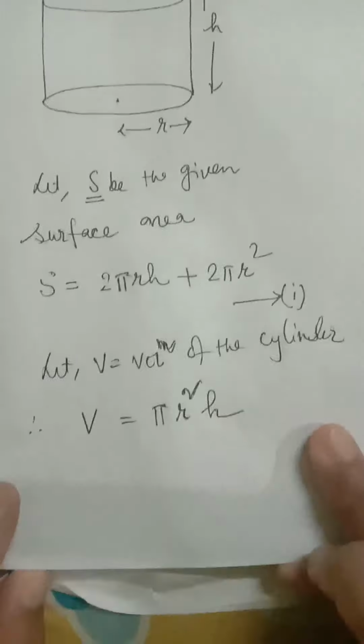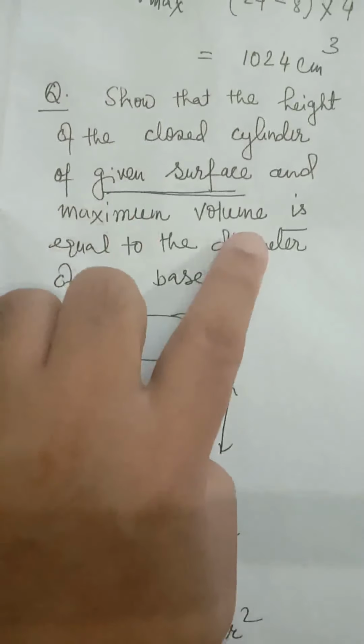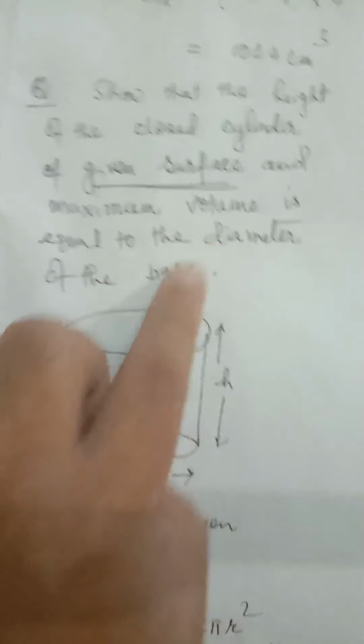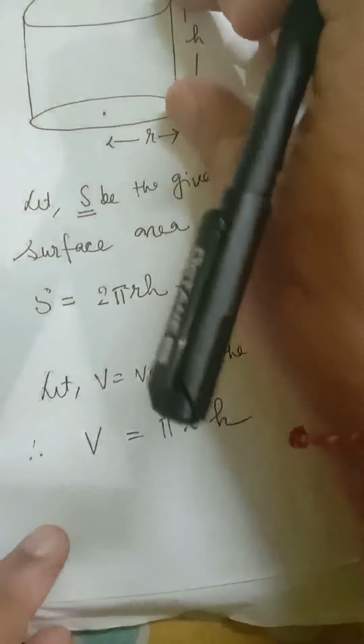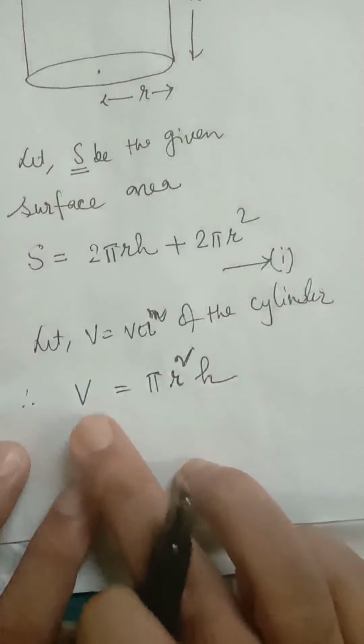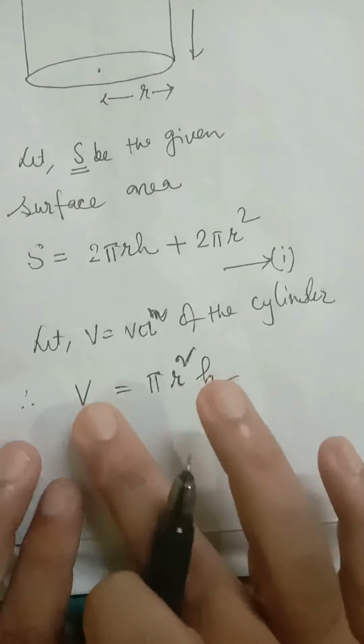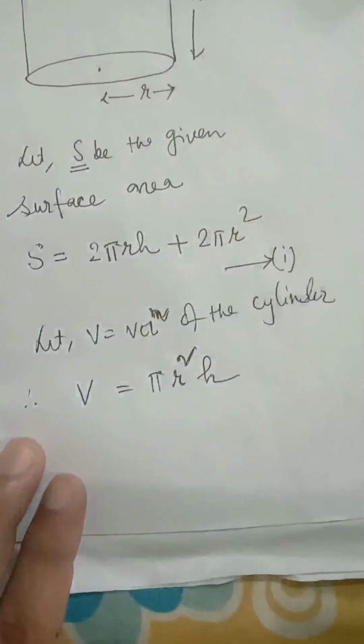The volume of the cylinder will be maximum. We have to show the volume is maximum when h equals 2r, height equal to the diameter of the base. That means we have to find the maximum value of V, or the condition when V is maximum.